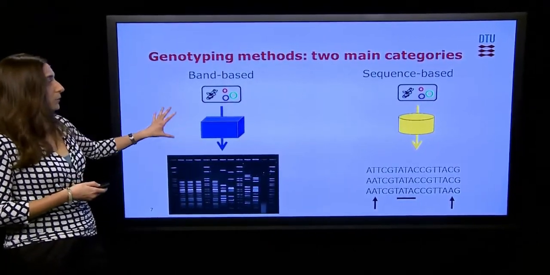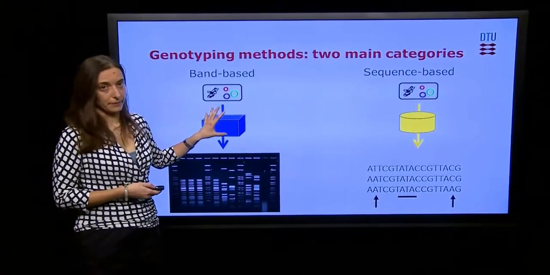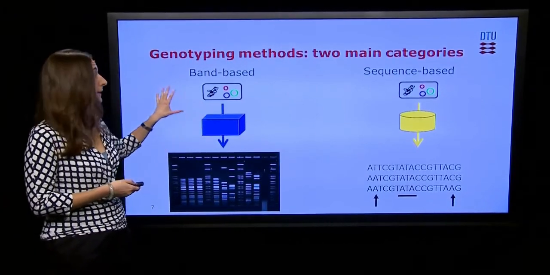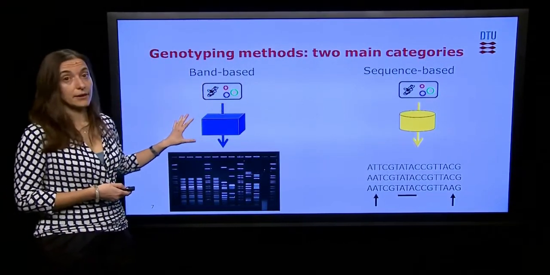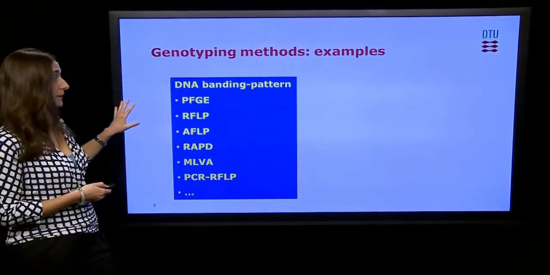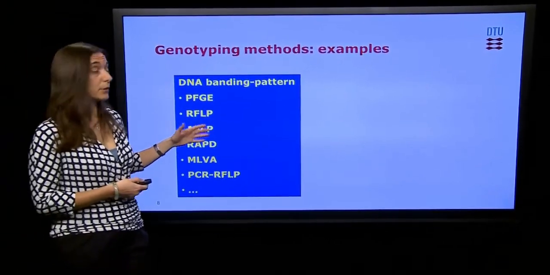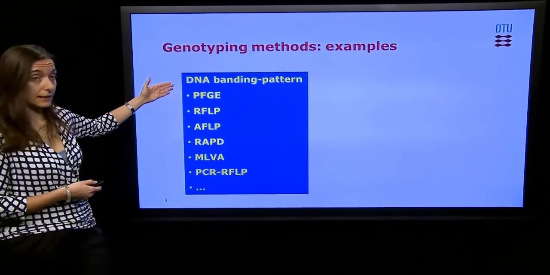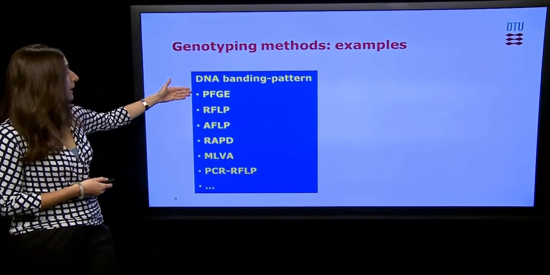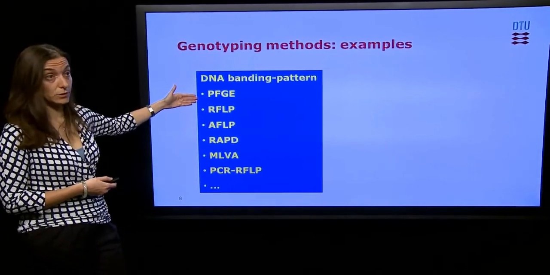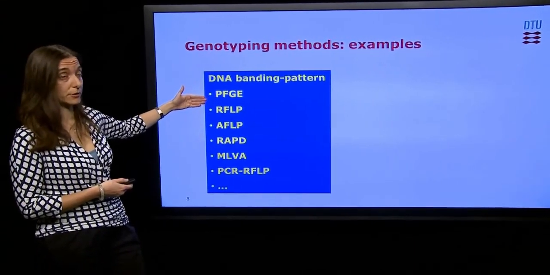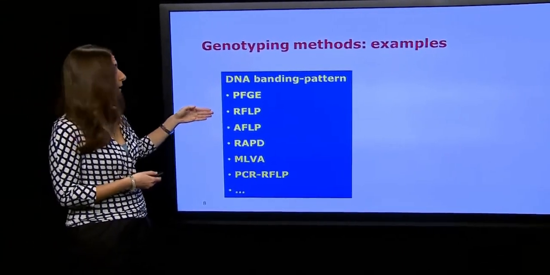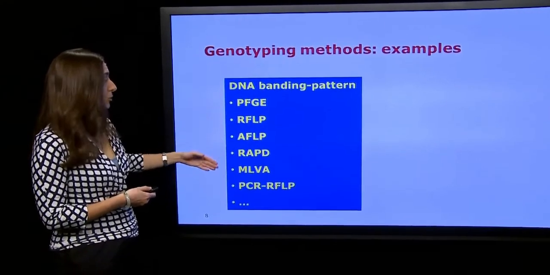These are general ways to characterize bacteria. But of course, within each way, there are many, many possibilities. Just to give some examples of DNA banding patterns, we can use PFGE, which has been used and still is used in many different laboratories worldwide. We can have RFLP, AFLP, and so on.